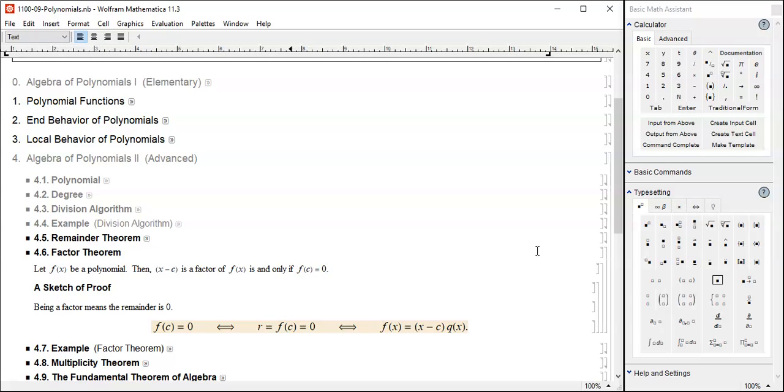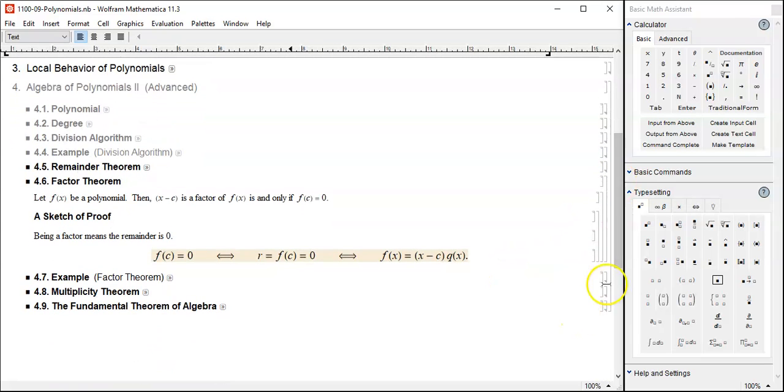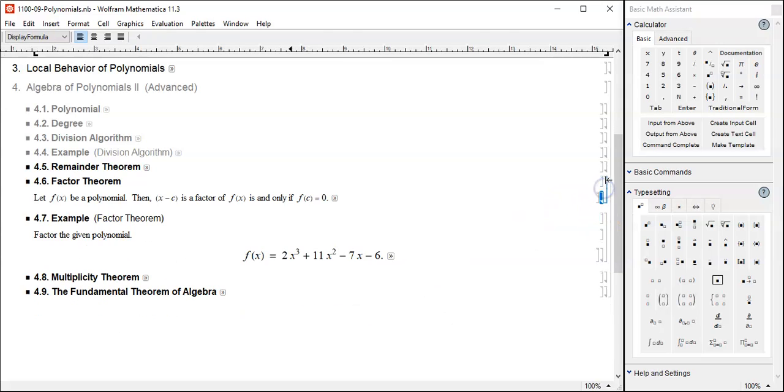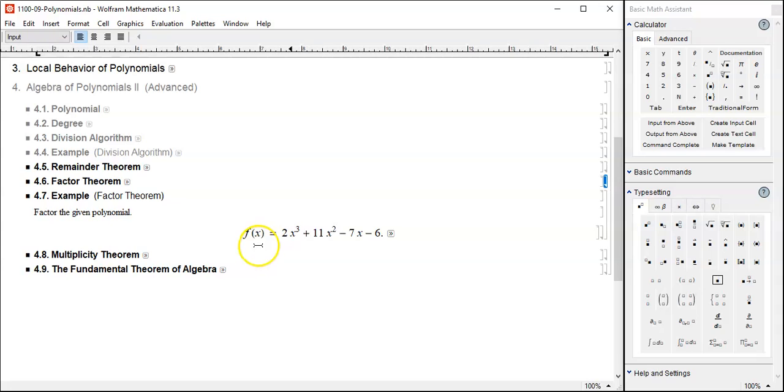Now, how do we use this factor theorem? Factor the given polynomial. How do we factor a given polynomial? And this is a cubic polynomial. Now, if you have a cubic polynomial or even quadratic, I usually recommend students to factor by grouping first.